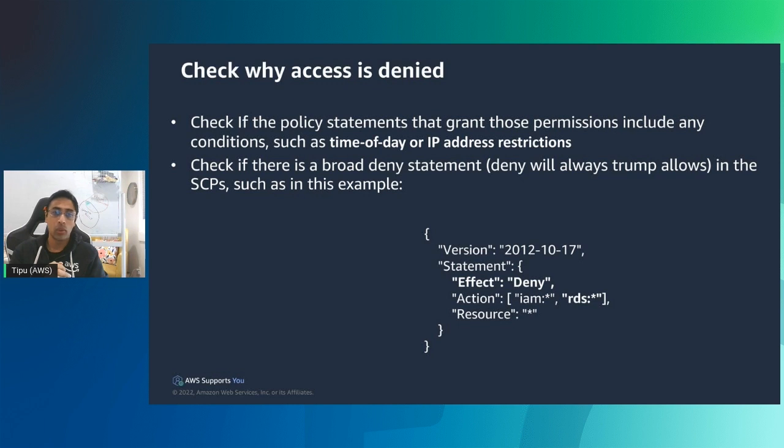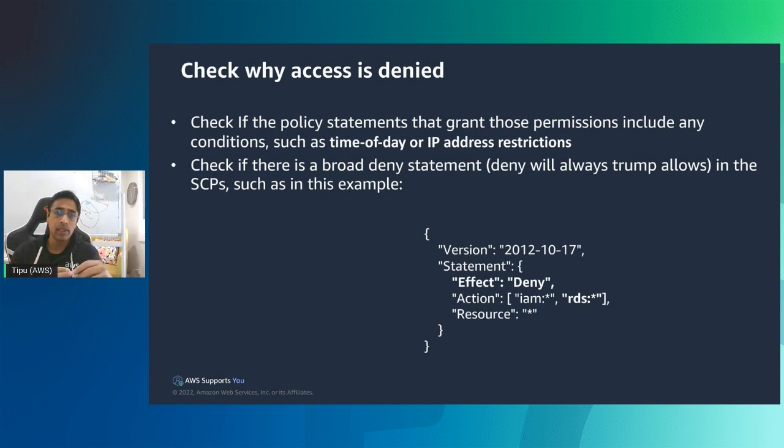So why could access still be denied even though I've attached a policy that is doing the explicit allow? This is where those guardrails come in. First, check if the policy statements that grant those permissions include any conditions, such as time of day or IP restriction. The policies are granular enough that they can restrict specific IPs or even only allow access for a certain time of day. So those sorts of restrictions are things you should check for in the policies.